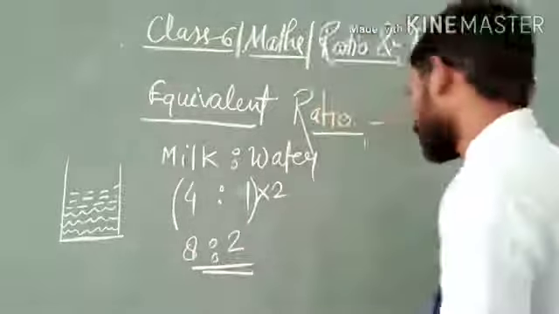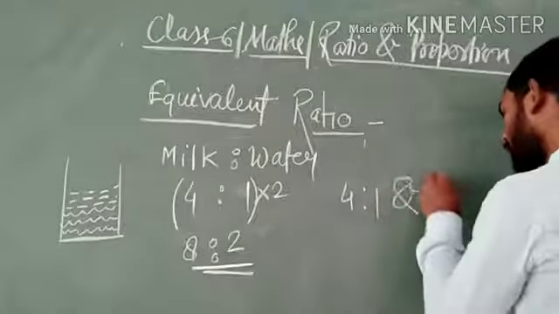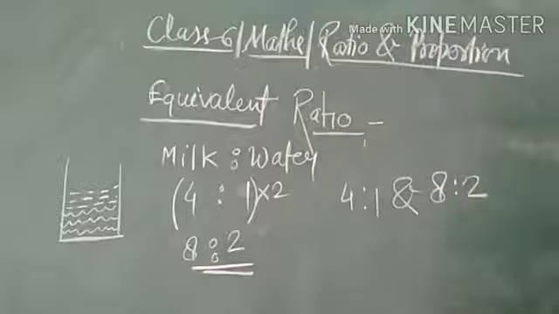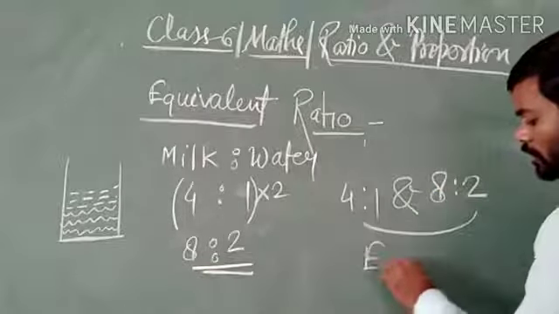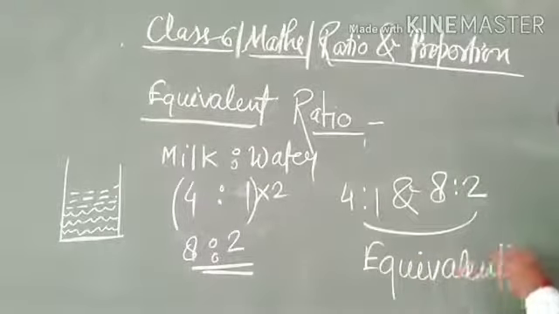So here we can say that 4 ratio 1 and 8 ratio 2 are both called equivalent ratios.